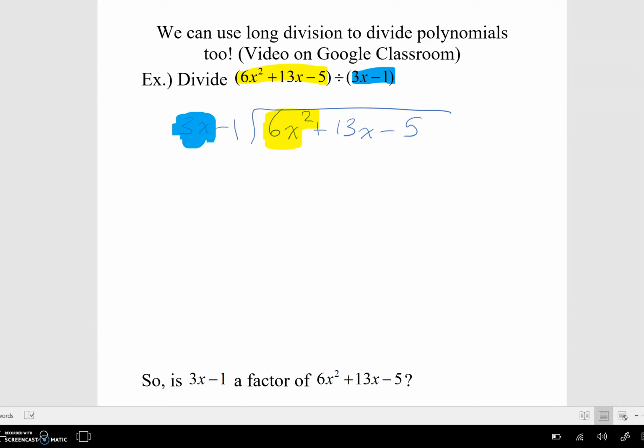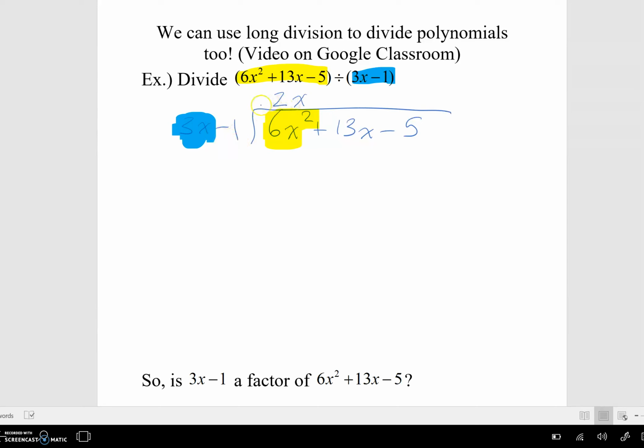Okay? So how many times does 3x go into 6x squared? In other words, 3x times what would give us 6x squared? 6x squared divided by 3x would be 2x. And again, I'm not caring about that negative 1.